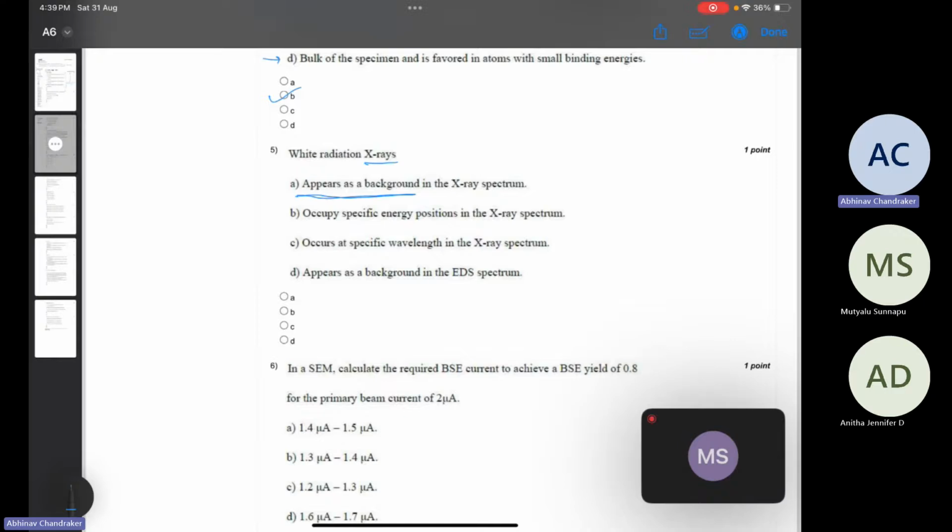I'm not sure about these two options, which spectrum it will be in. I am not sure what EDS spectrum means. EDS means energy dispersive spectroscopy. It's one of A or D. I think a specific wavelength.